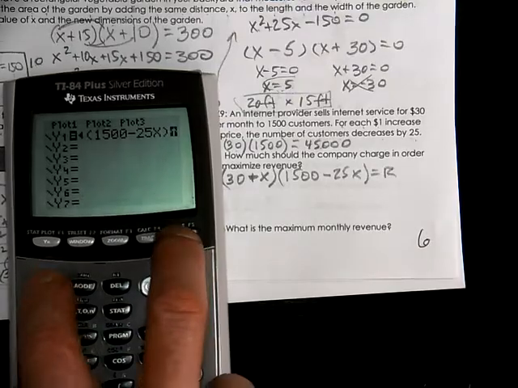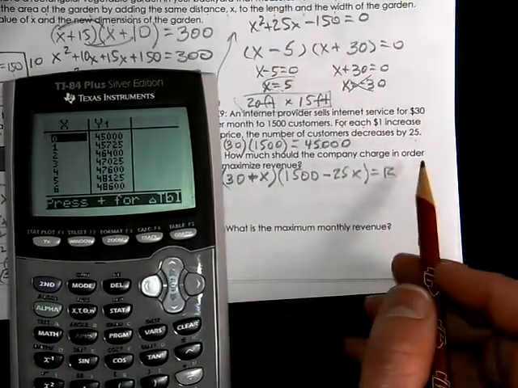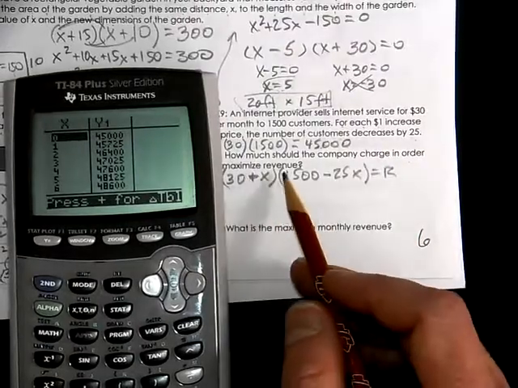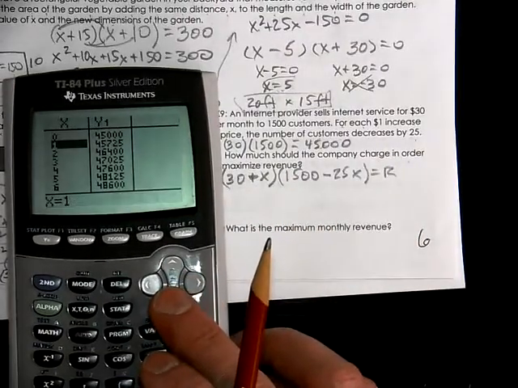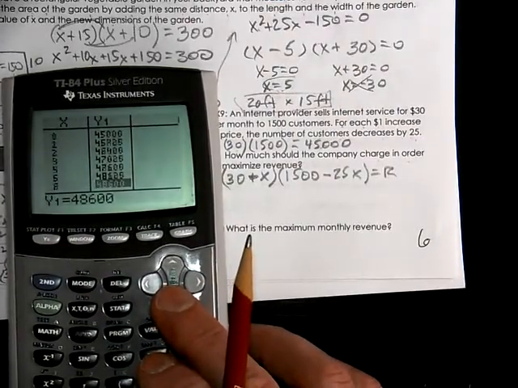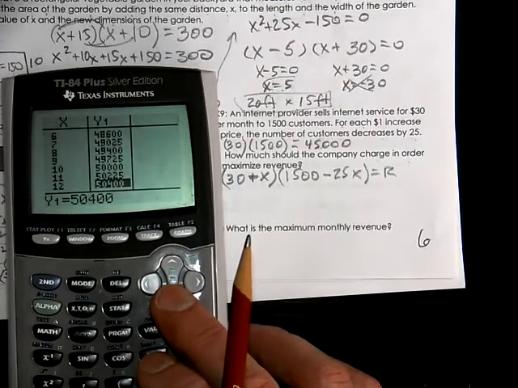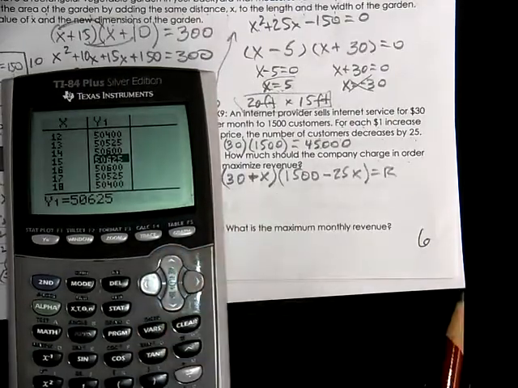And we want to go to second table. How much should the company charge in order to maximize revenue? Well, to maximize revenue, I'm looking at our numbers and they're going up, still going up. Oh, now it's going down. So there's our maximum value.